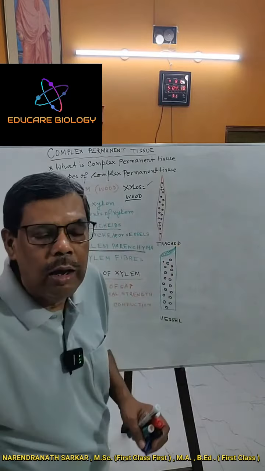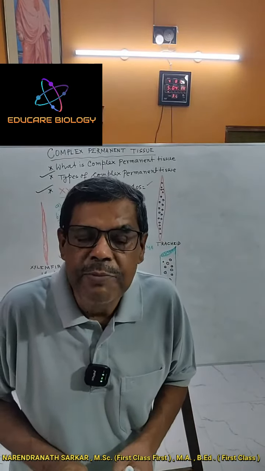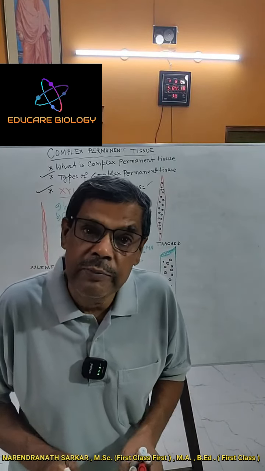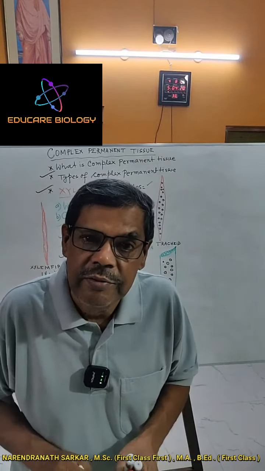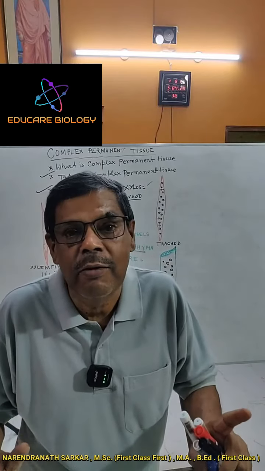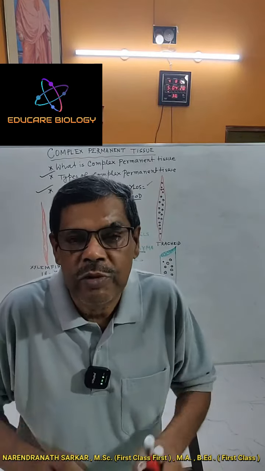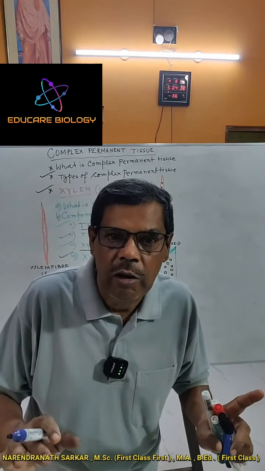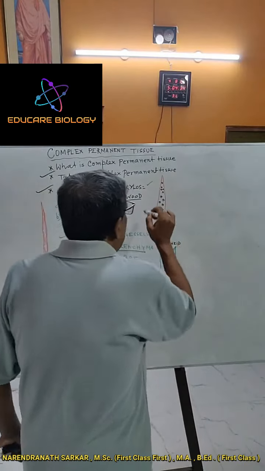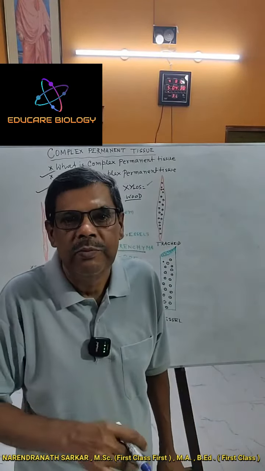On the wall there are several types of ornamentation, because of uneven deposition of secondary cell wall material. First, annular.